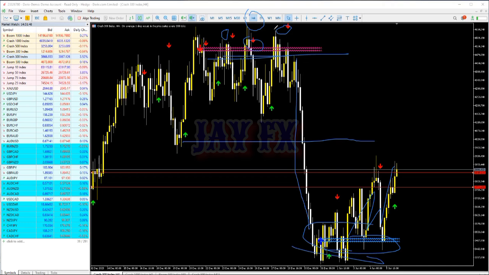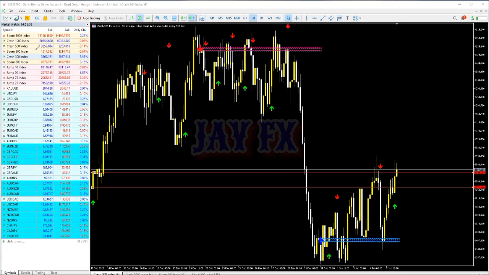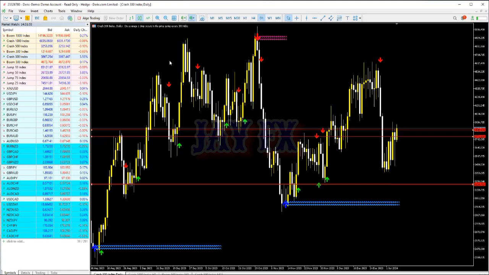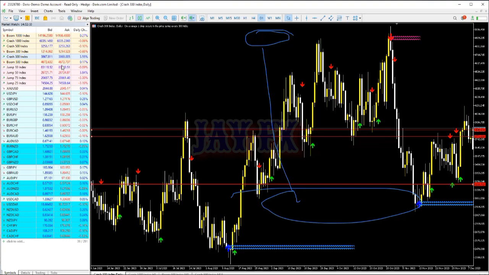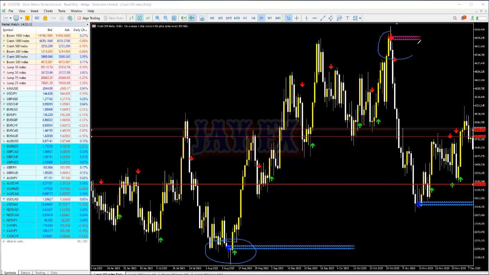So now you can just check even the daily time frame. The daily time frame is still showing the same thing. Imagine taking entry on the daily time frame and just going until this side, right? So the same thing happened. If you check previously, it started from here and here. So on this day time frame, if you calculate how many days, let me check from here.